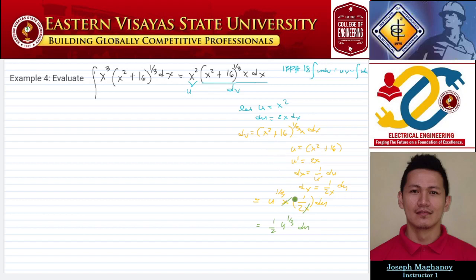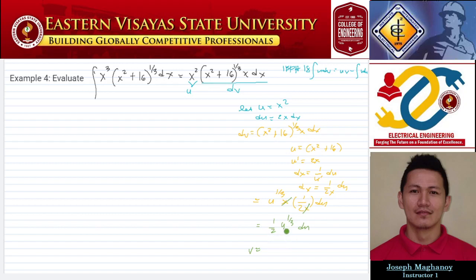So our dv, finally, if we're going to integrate this part, so our v, we need to integrate this 1/2 u to the 1/3 du. So you have a real number constant, you carry it outside the integrand.